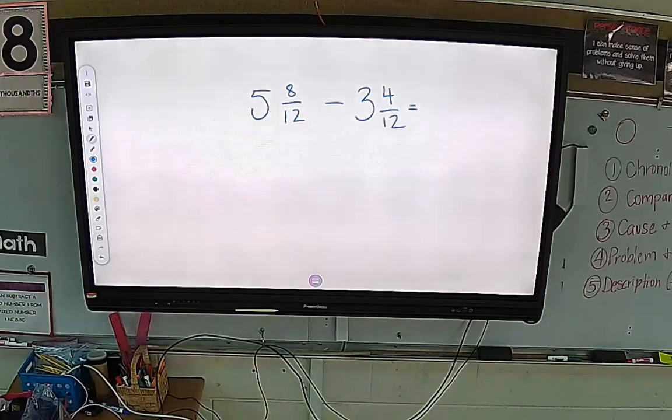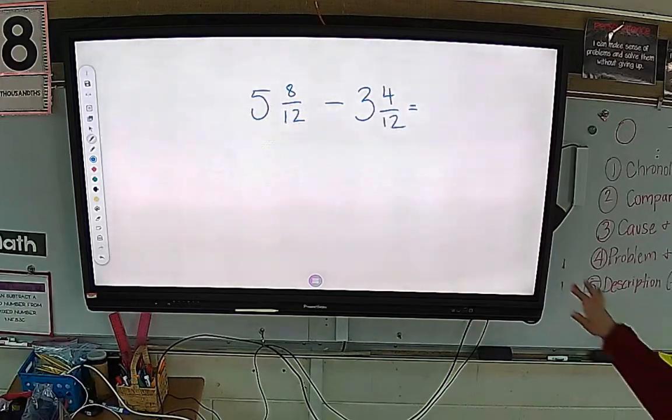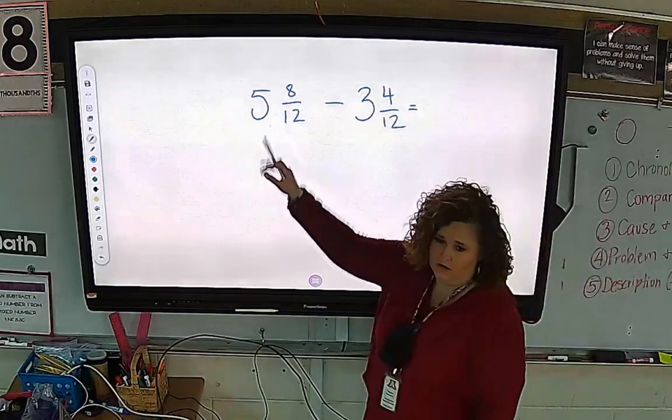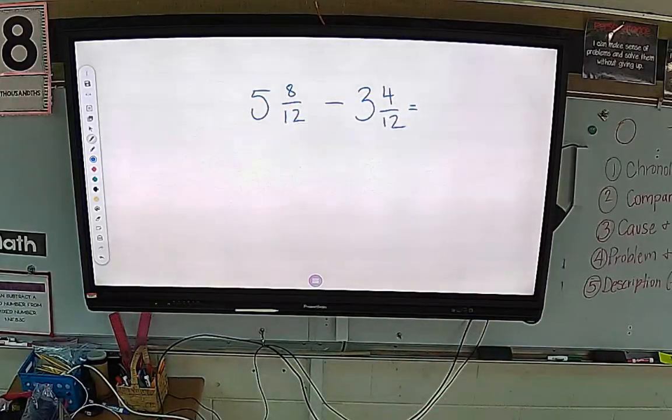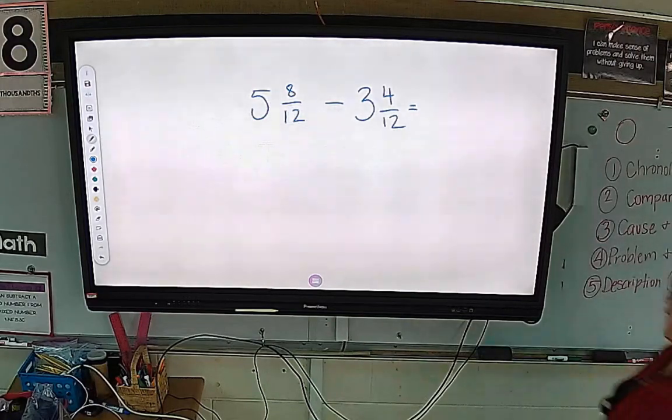If the fraction piece on the left is big enough to subtract my fraction piece on the right, then go ahead and do the whole numbers and then the fraction. This kind of problem is very quick, isn't it? Okay, what would I get?